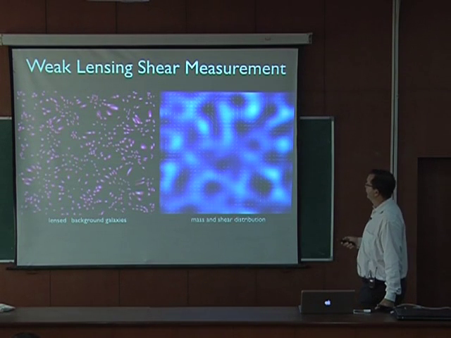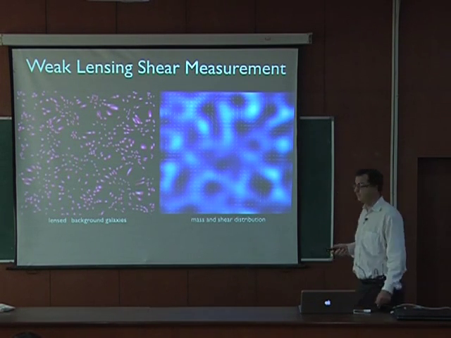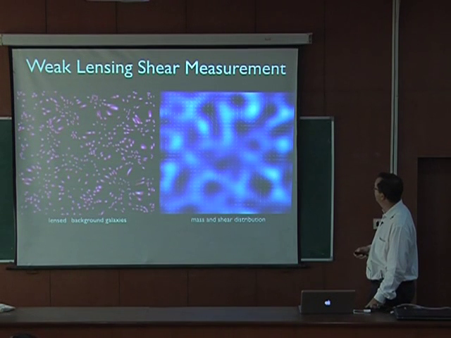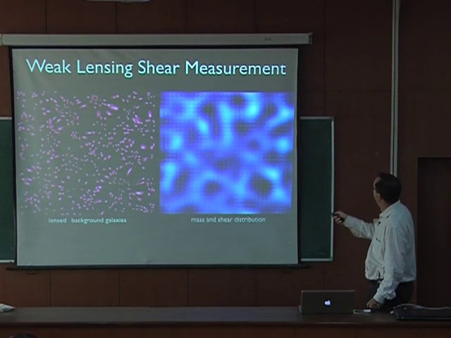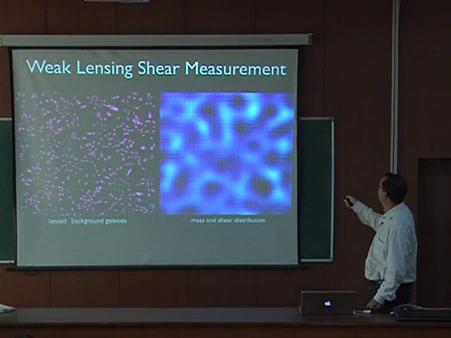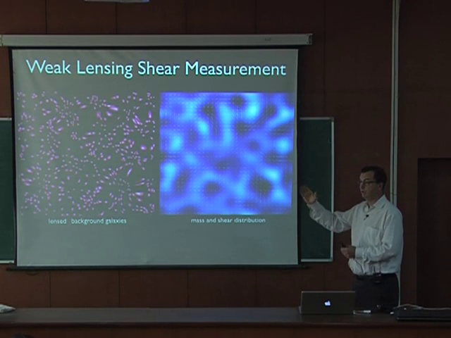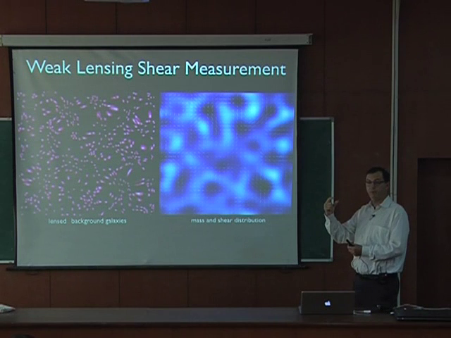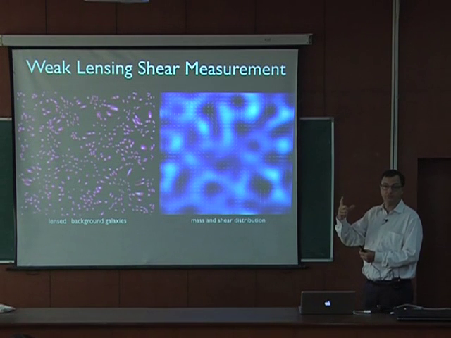Now, one way to represent this distortion, and in particular the shear part of the distortion that makes the galaxies change their ellipticity, is to use a symbol for the shear. So what we do is we also show on the map of the density the shear as a line segment, okay, that you see here, which indicates the direction of the distortion, and the size of the line segment corresponds to the strength of the distortion.